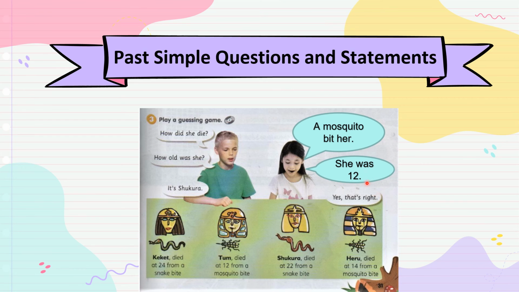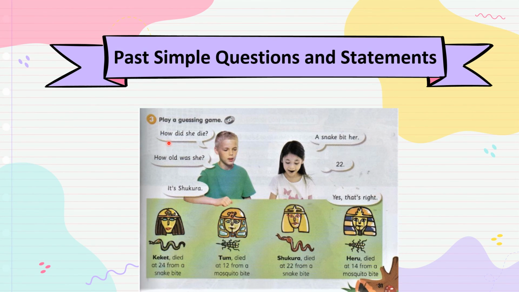She was 12. So which one? It's Tum. Yes, that's right. So we guess it right, and this is about Tum. Died at 12. Meninggal dunia pada umur 12 tahun from a mosquito bite. Kerana gigitan nyamuk. Okay, let's guess another one.